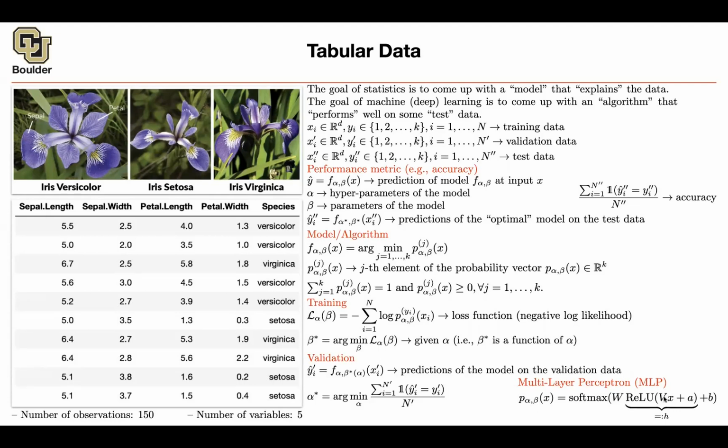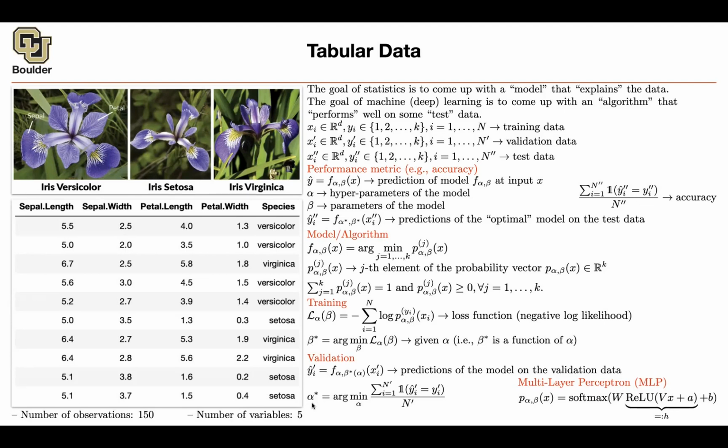So now you know how you set them. You pick an alpha, you say, let's say I want a 2-layer deep neural network with 100 units. You pick that. Then as soon as you pick that, you're going to be able to optimize over the parameters of your model by training, by looking at your training data. Now that you looked at your training data, you find beta star.